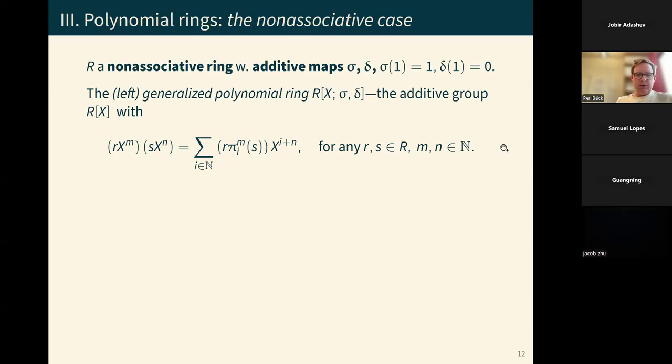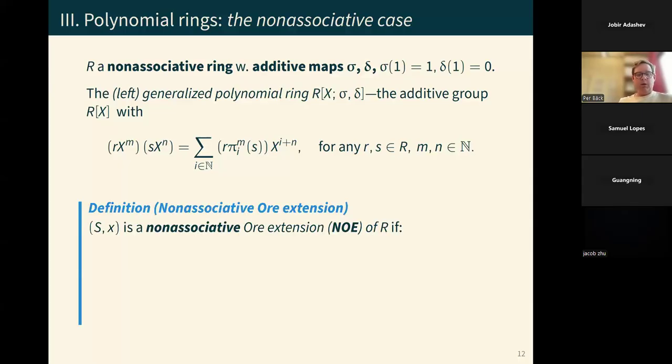So recall here that inside this pi are several sigmas and deltas. But now you don't require that this sigma is an endomorphism and that this delta is a sigma derivation. You just require them to be additive maps, which satisfy these unitality conditions. So that's some kind of non-associative ring.